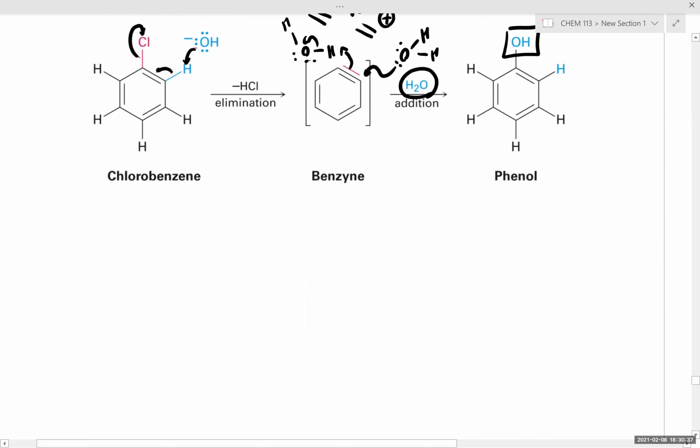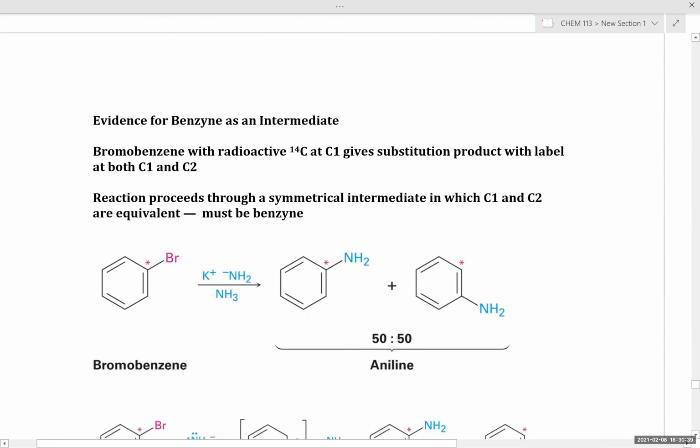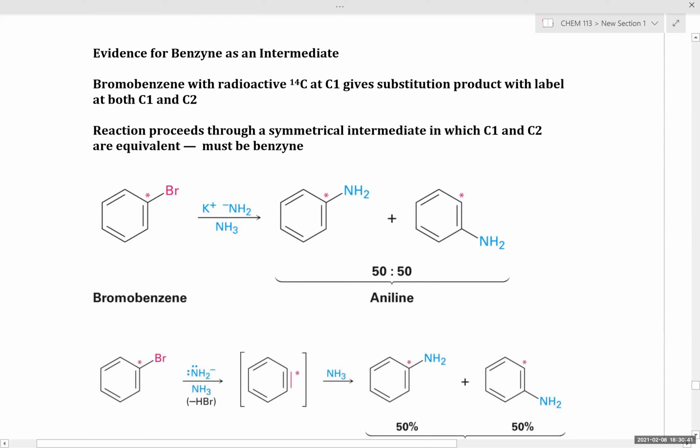Now, what's pretty interesting in terms of benzyne is that there's substantial evidence supporting this benzyne intermediate through labeling studies. So bromobenzene with a radioactive carbon label at C1 gives a substitution product with a label at both C1 and C2.